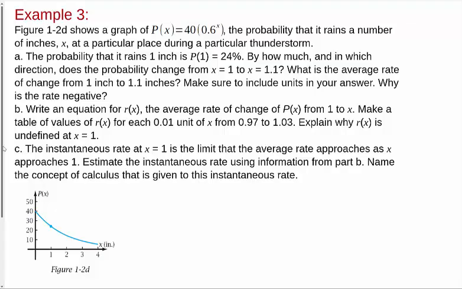Okay, we've got a lot to do on this example. So let's just start in. Let's start with part A. So it wants the change from x equals 1 to x equals 1.1.